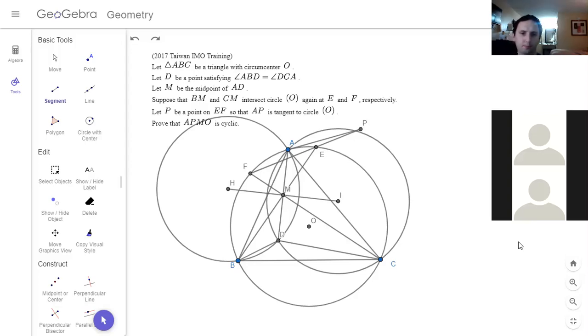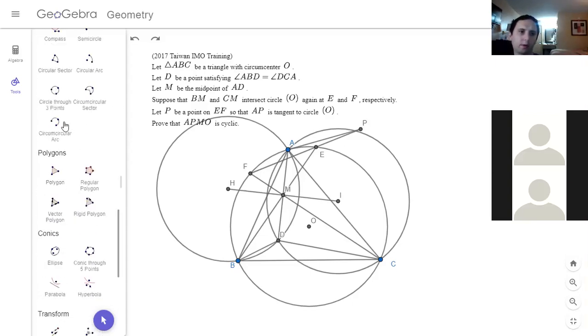Interesting. Let's see. Can we find another point on that circle?